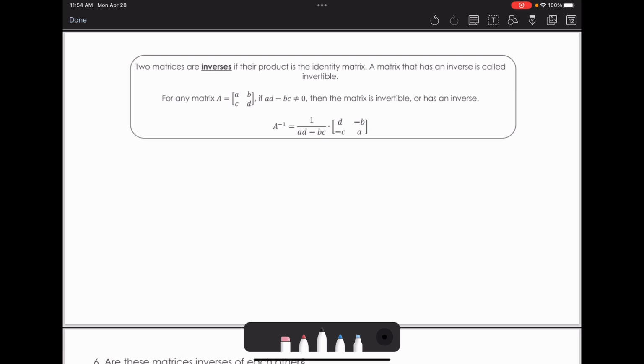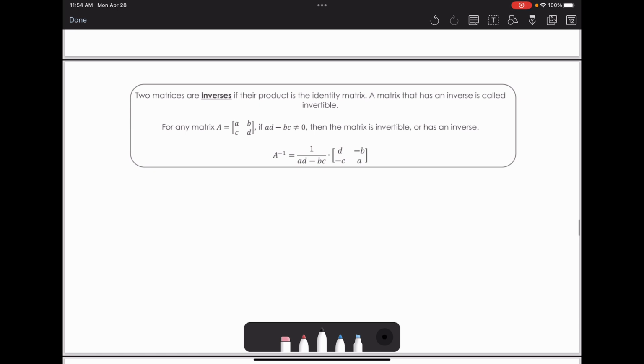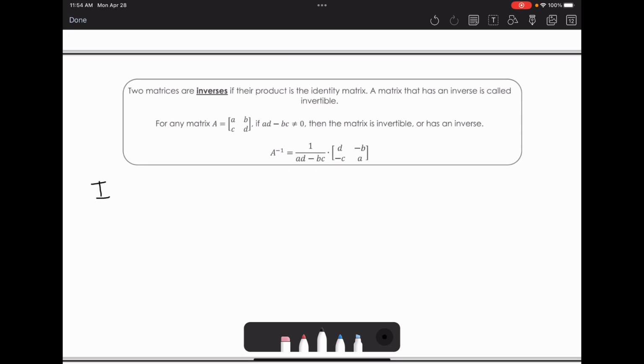So the reason why we need a determinant is for the inverse of a 2x2 matrix. And 2 matrices are inverses if their product is the identity matrix. And if you remember from last time, the identity matrix is like ones on the diagonal, zeros everywhere else. So if you can take a matrix A times its inverse, which is A to the negative 1, and it's the identity, then those are inverses of each other.